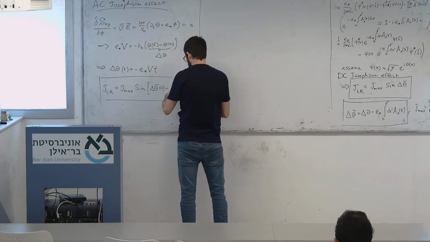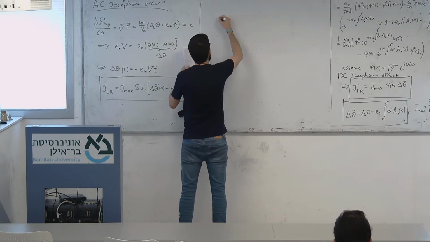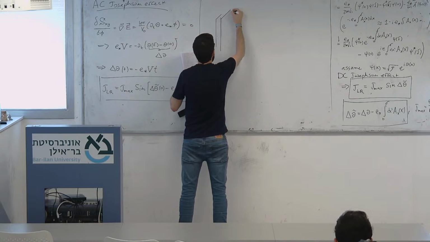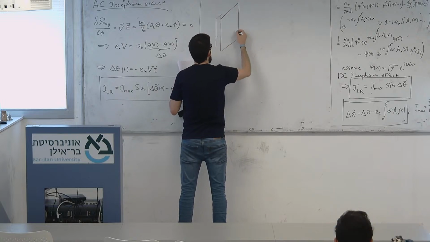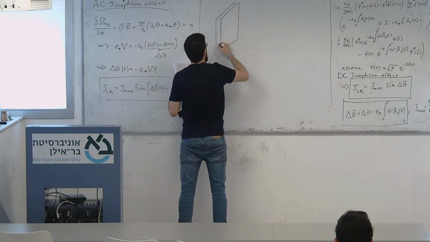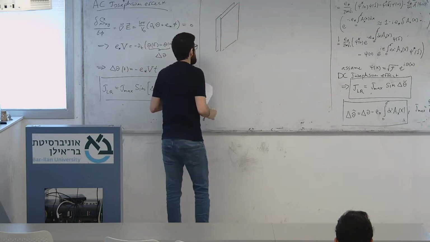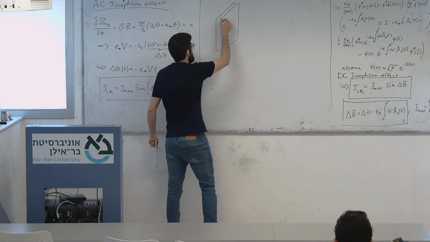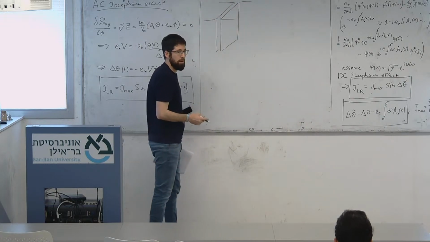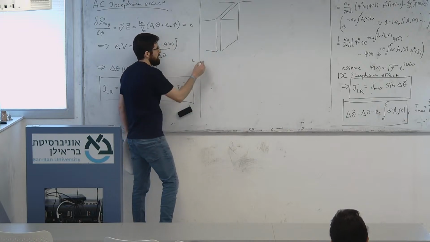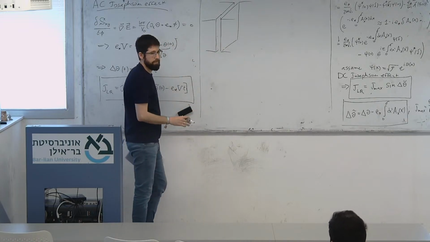So, what I want to imagine now is that I have my Josephson junction like this. This is, if you like, superconductor 1 and this is superconductor 2, and this is the barrier between them. Okay?